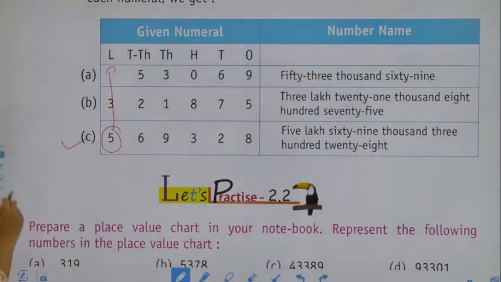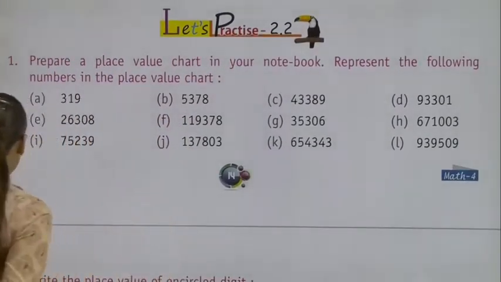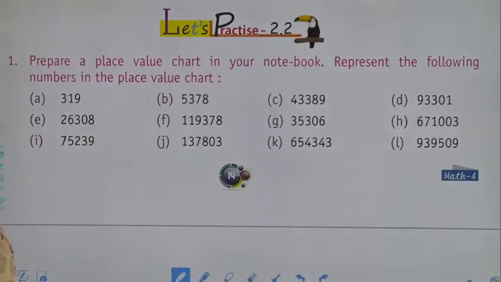Now move to the exercise. That is 2.2. Let's start with the first one. Prepare a place value chart in your notebook. Represent the following numbers in the place value chart. Students, you have to draw the place value chart.